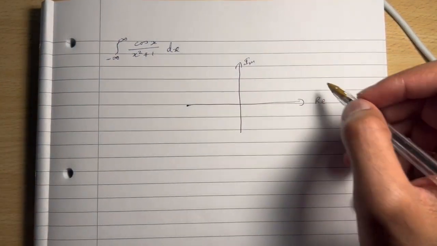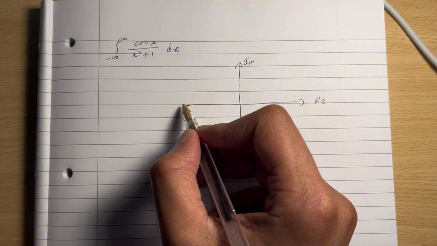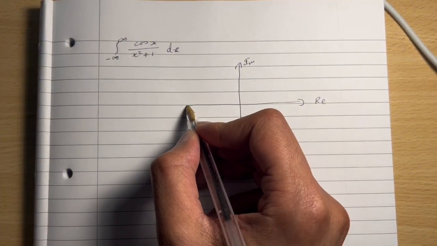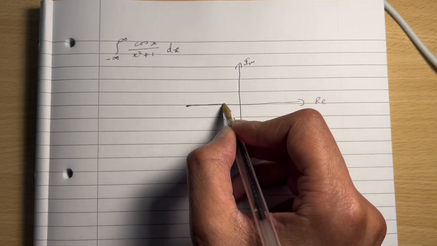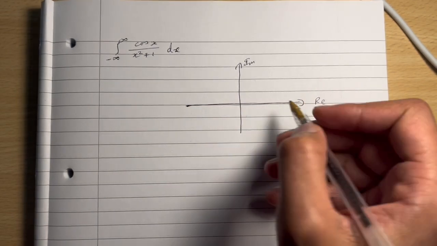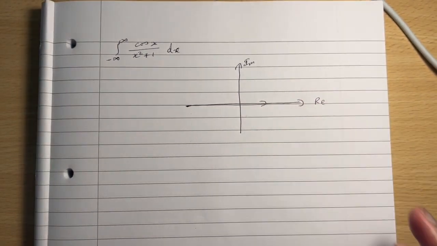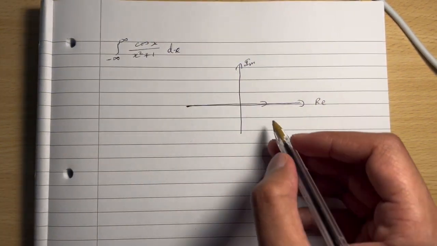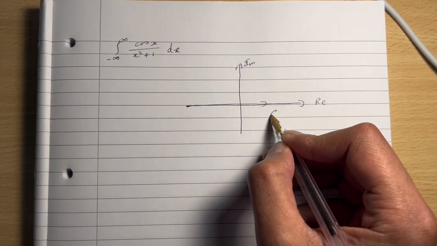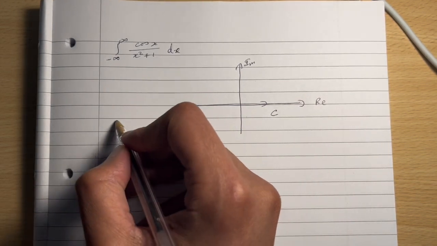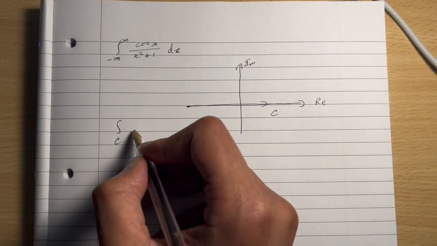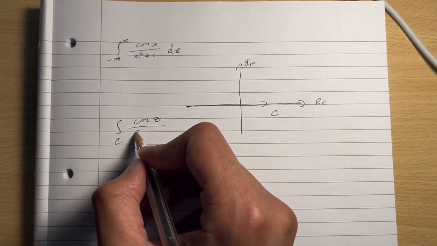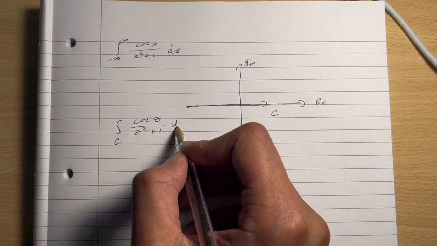But you have some function, and because we want this integral, we would integrate it over this curve, going like that. And it would be positively oriented, in that direction. If we called this curve C, then we could write this in a fancy way, the integral over C of cosine z over z squared plus 1 dz.